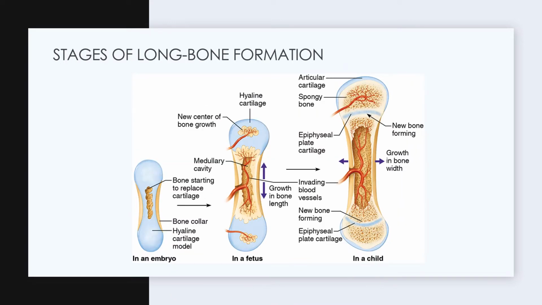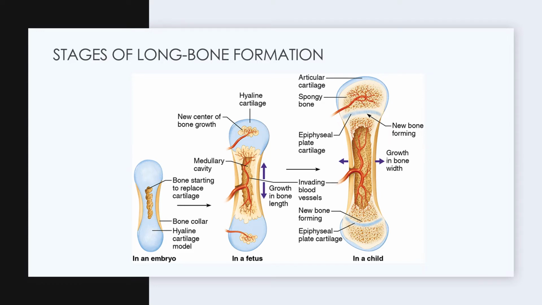Stages of long bone formation. We can see here in this image it goes from an embryo to a fetus to a child. In embryos, the skeleton is made up primarily of hyaline cartilage that acts as a model for the bone. It's the blueprint for the bone. Bone formation, also known as ossification, involves two major stages.